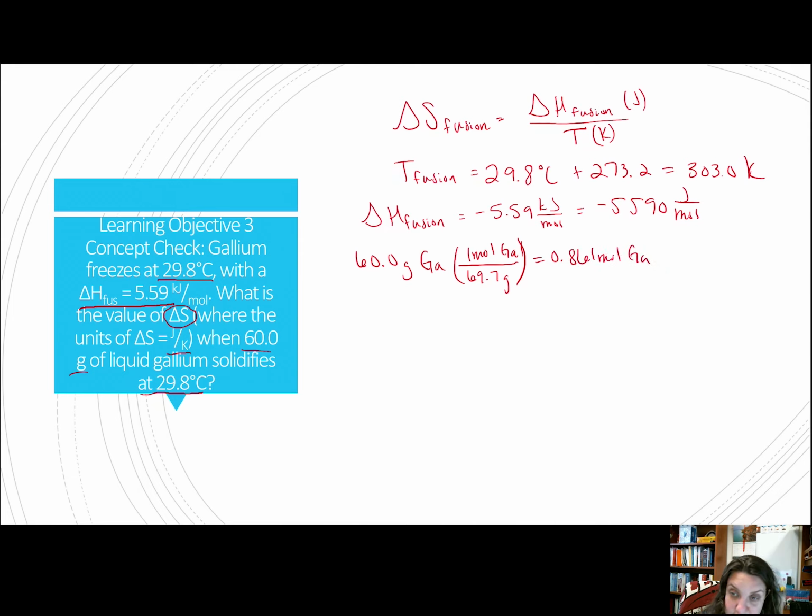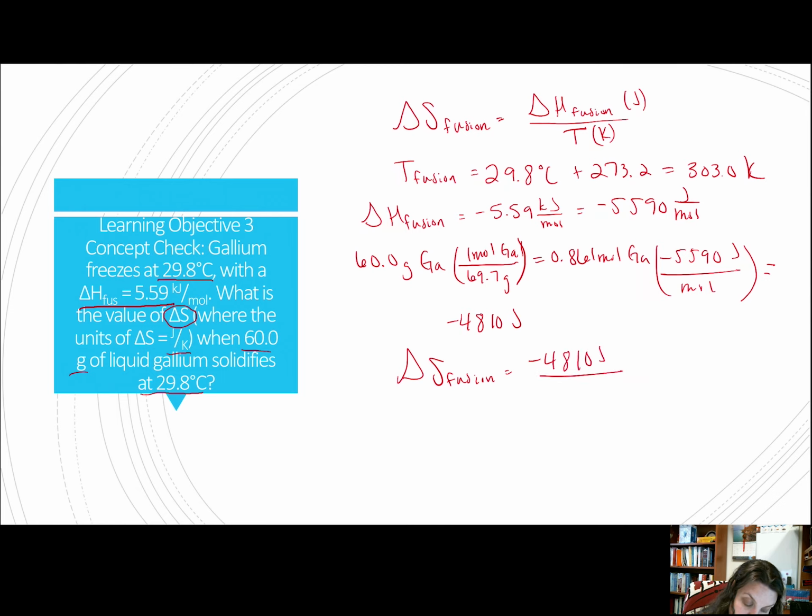And then we can multiply that by our negative 5590 joules per mole, giving us negative 4,810 joules. Now we're going to take that value and put it in with our temperature to get our entropy. This gives us a value of negative 15.9 joules per Kelvin.